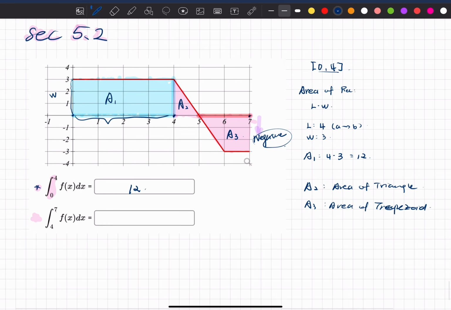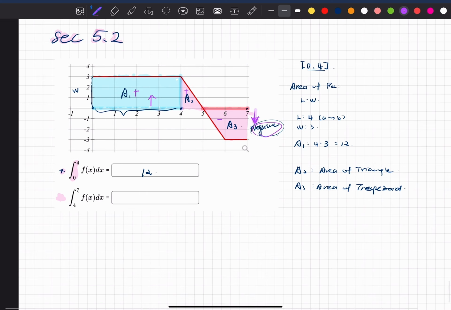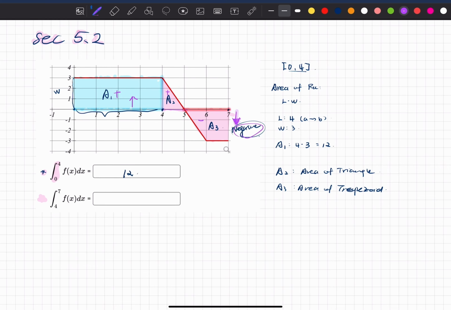As we all know, this area is going to be positive because it is above the x-axis, but for the portion that's below the x-axis, the area is negative. So we can represent this integral as A2 plus A3, but A3 is going to be negative, so it's A2 plus negative A3.